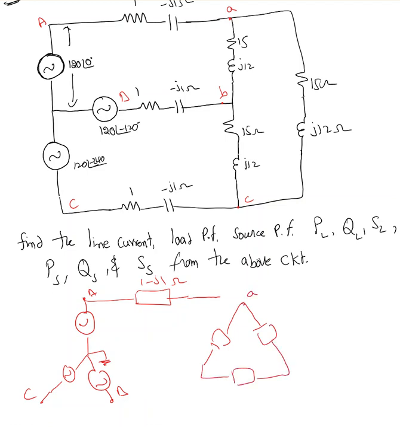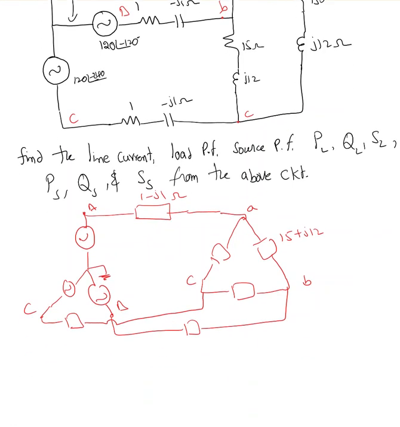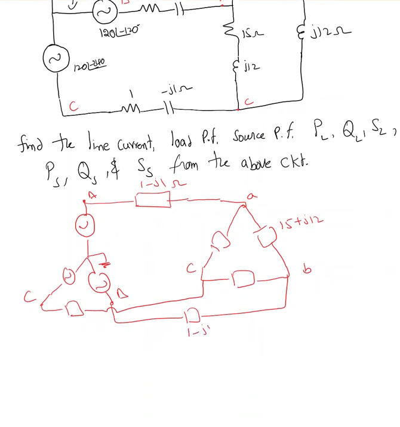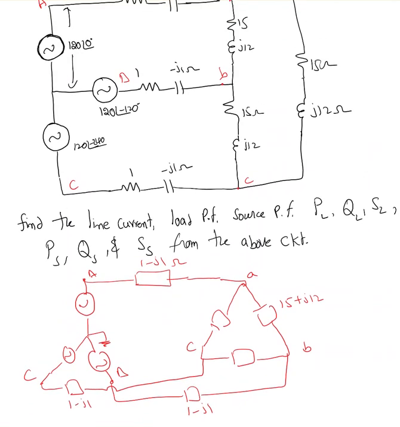So A, B, C. B has line impedance and C has line impedance. Here this is 15 plus j12. This is 1 minus j1, 1 minus j1. The voltage here, he clearly mentioned, is a phase value, so I'm going to take that as a phase voltage 120 at an angle of 0.